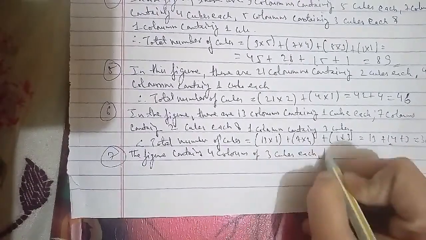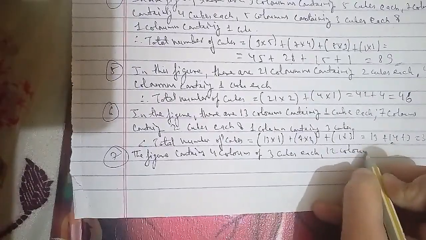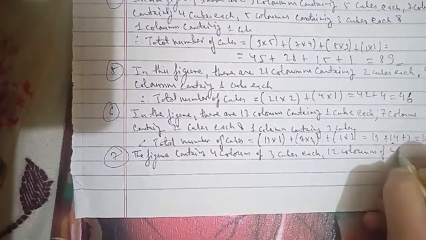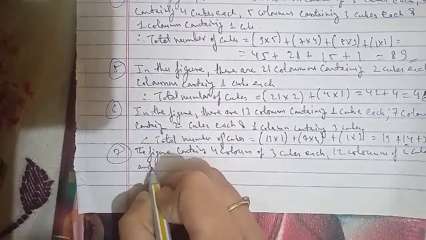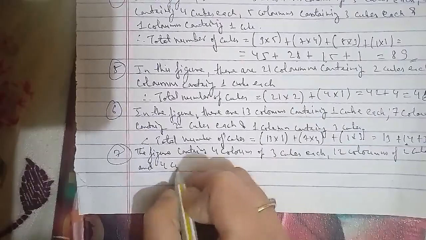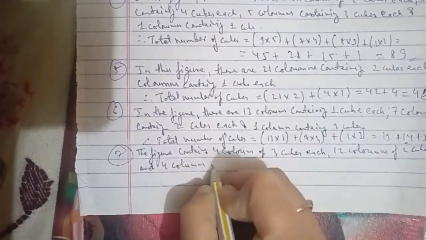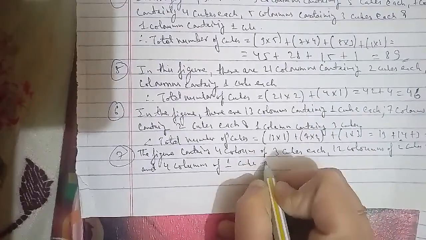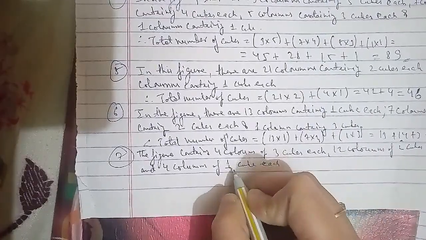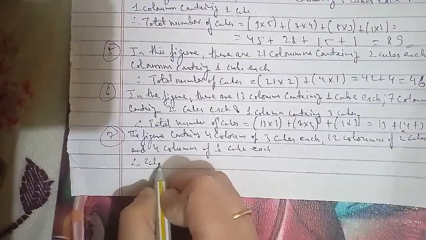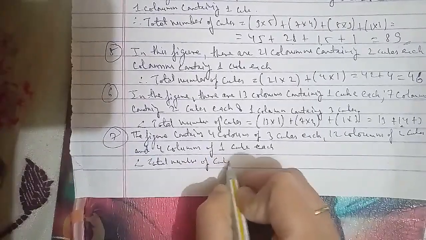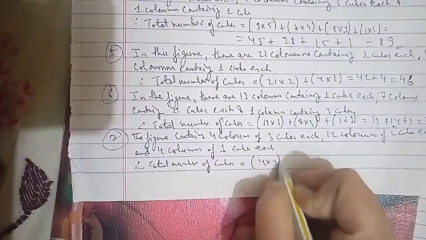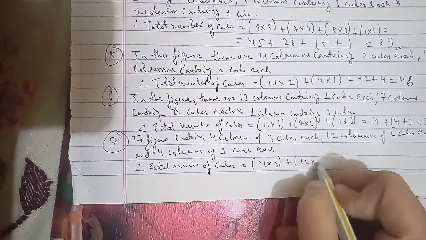Now we'll talk about the 8th question of the session, that has been an important one here as well, and that is important too. Let's go ahead for the same. So the next question, as you can see here, has a figure with cubes counted 1 to 62.